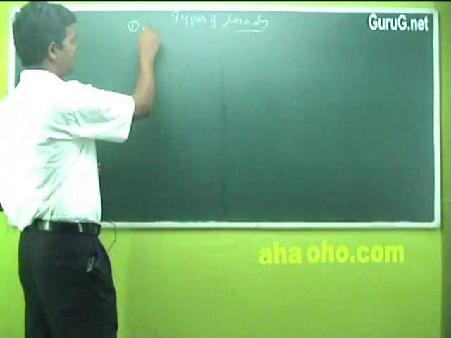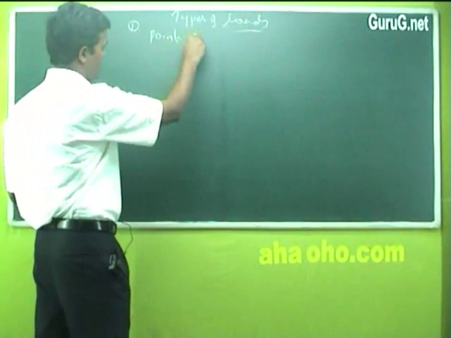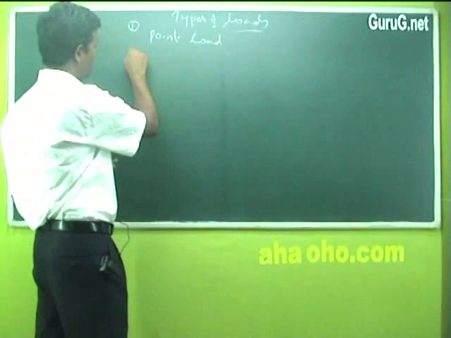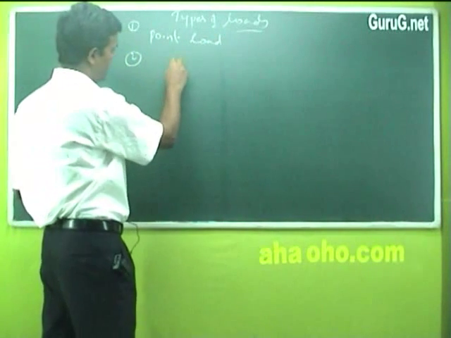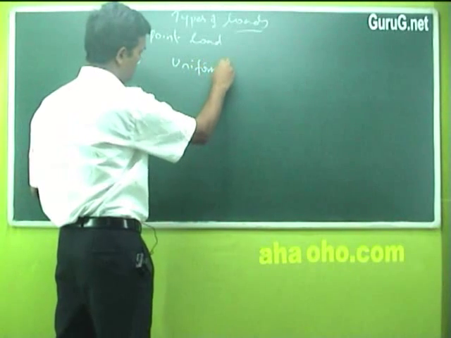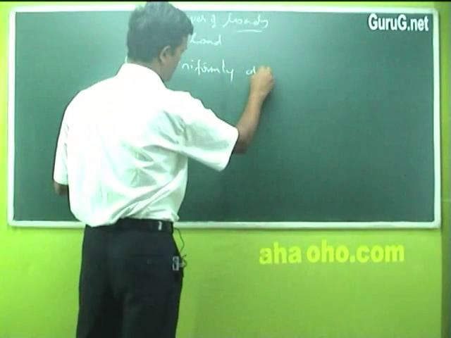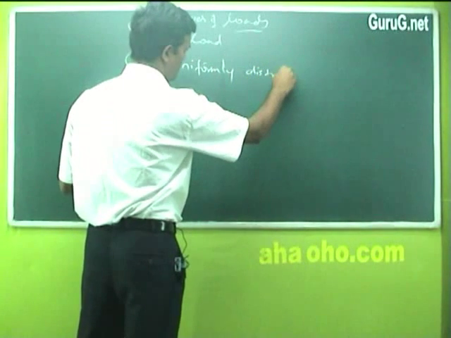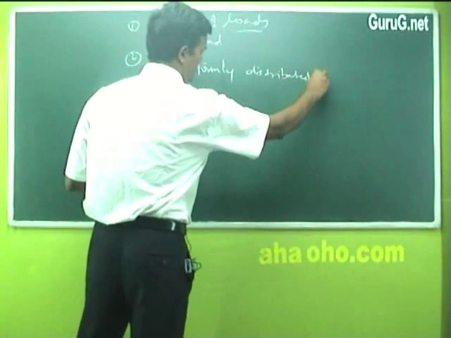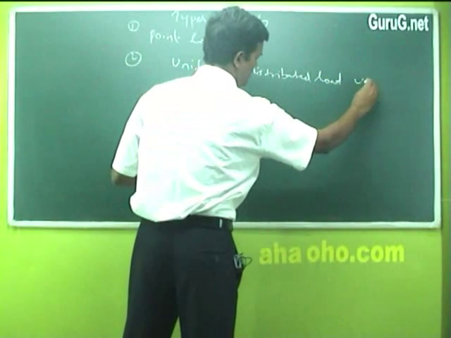In this first one we will take a point load. And something called uniformly distributed load, short form is UDL.